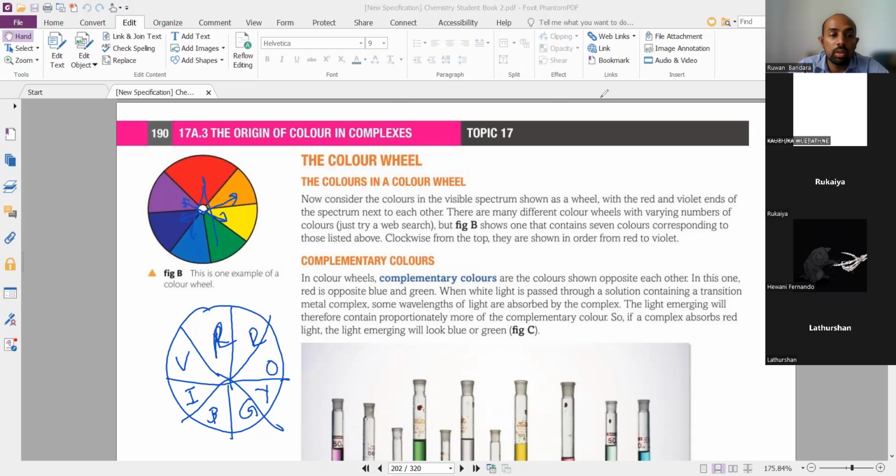Just tell me whether you have any doubts about the complementary colors, the color wheel, and the electromagnetic spectrum, under that the visible range. Do you have any doubt?